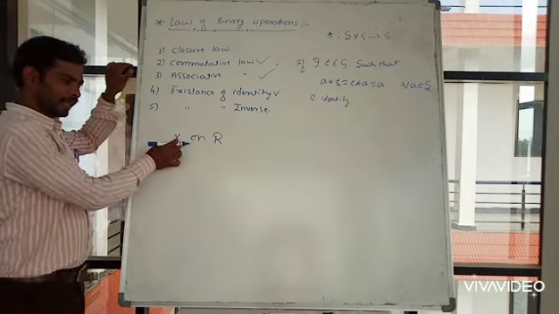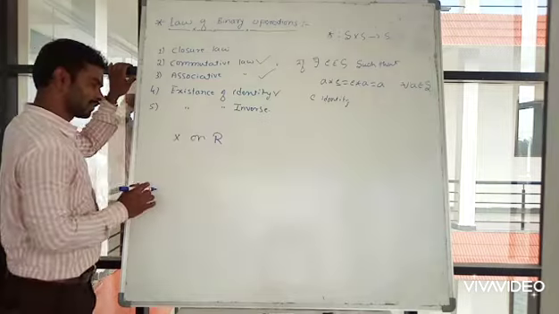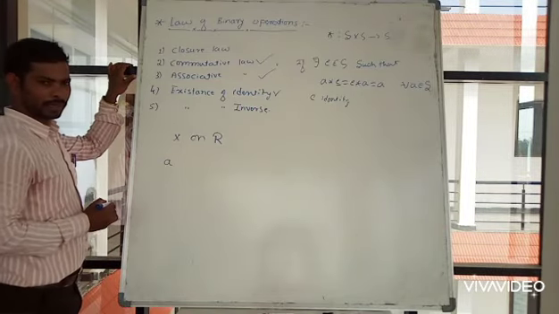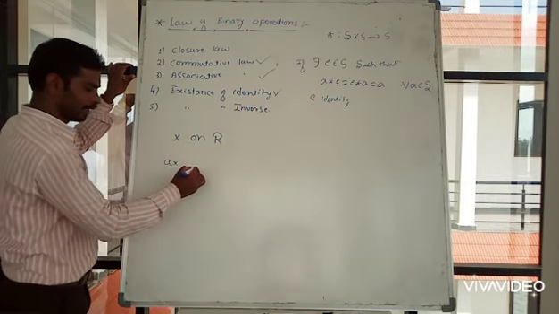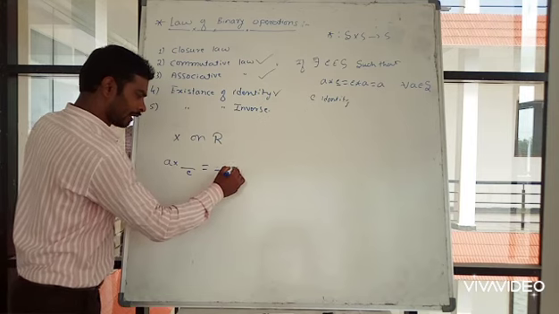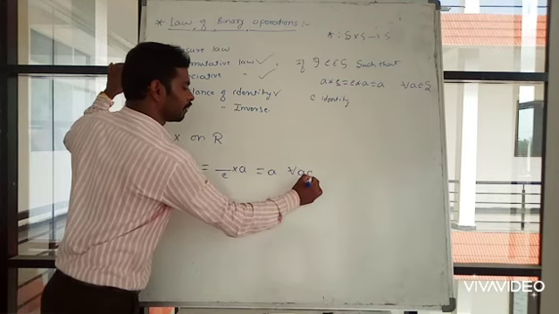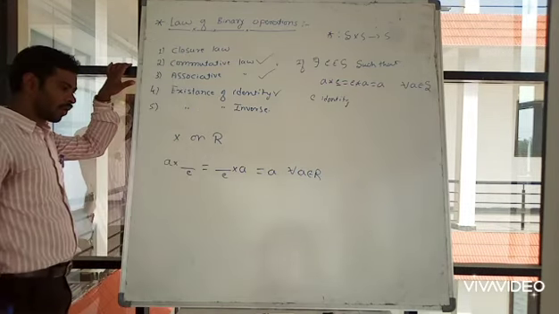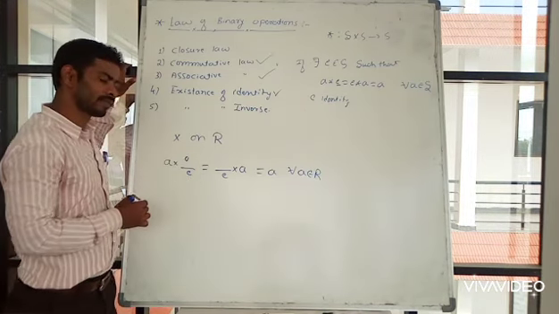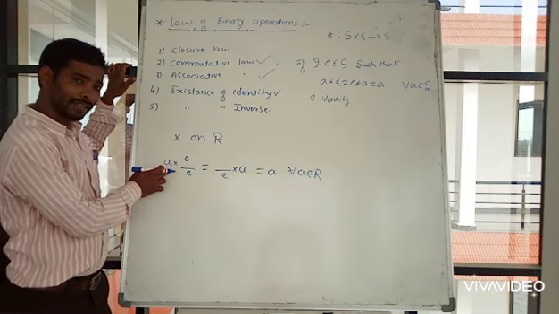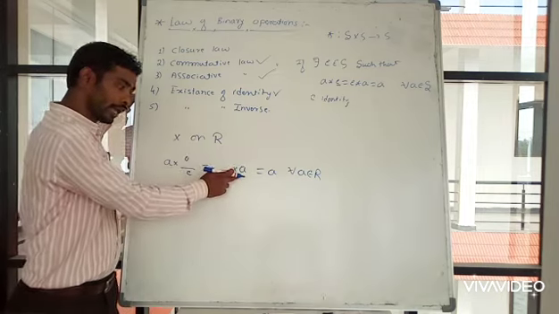This is the binary operation on the set of all real numbers, such that a, an arbitrary real number, times the identity element e is equal to a, for each real value a belonging to R. If you select the value of e as 0, then 0 times a is 0, and a times 0 is 0.